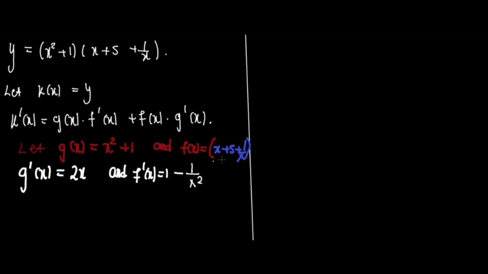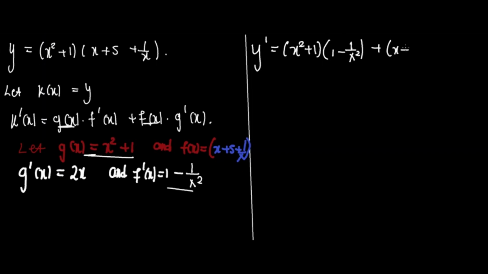So the y prime here is equals to g of x, which is equals to x squared plus 1, times f prime of x, which is equals to 1 minus 1 over x squared, plus f of x, which is equals to x plus 5 plus 1 over x, times g prime of x, which is equals to 2x.